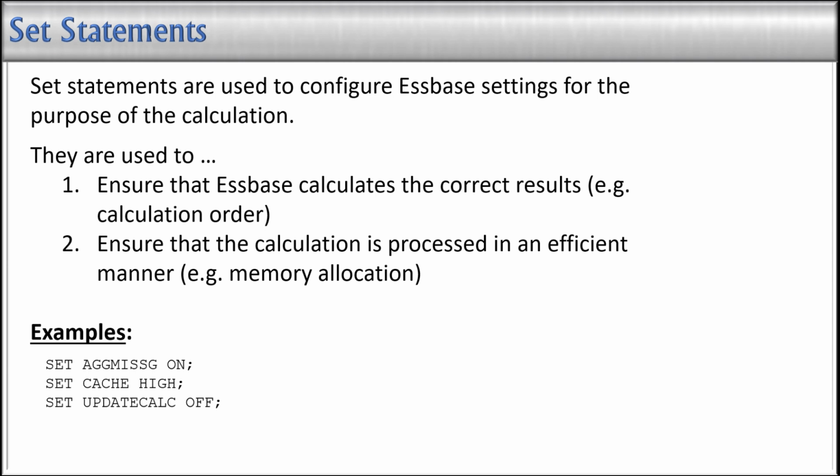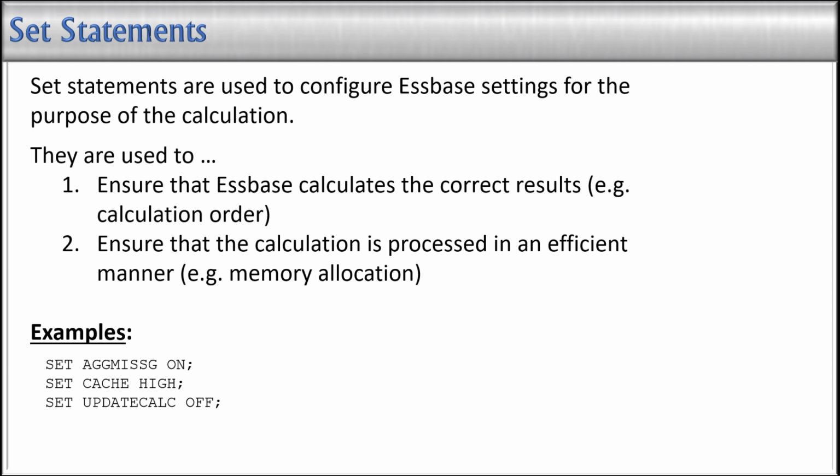Now, the set statements are used to configure Essbase settings for the purposes of the calculation. Among the things that they are used to do is to ensure that Essbase calculates the correct results and to ensure that the calculation is processed in an efficient manner. Some examples of set statements are shown on the screen.